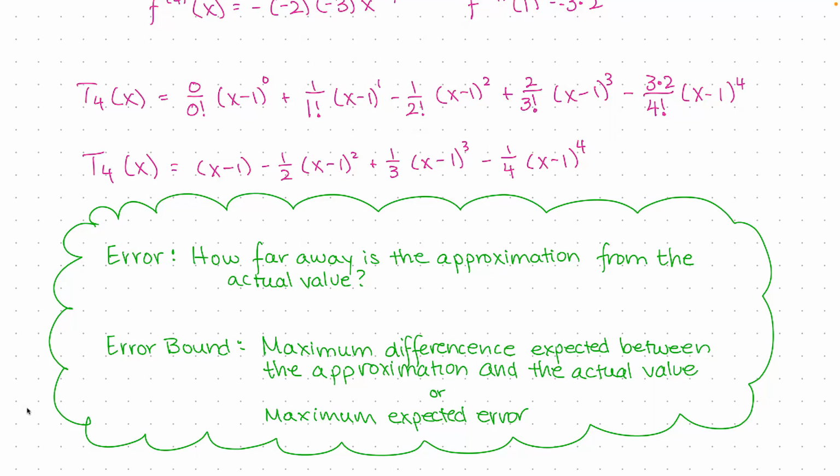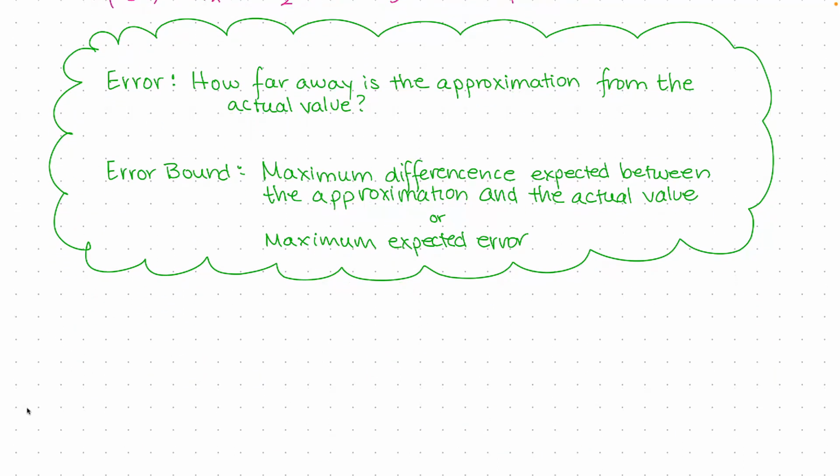To find error, that's actually really easy then. So now we're going to look at formulas. A formula for the error, that's the difference between the actual value and, in this case, the approximation using our Taylor polynomials.